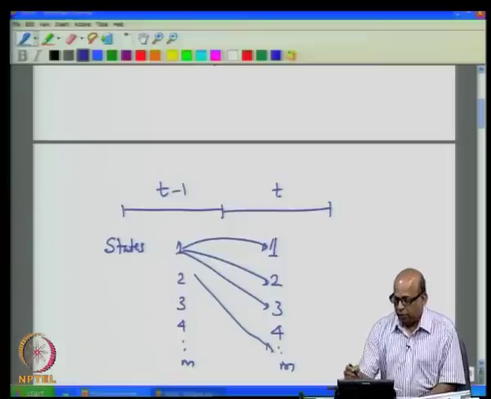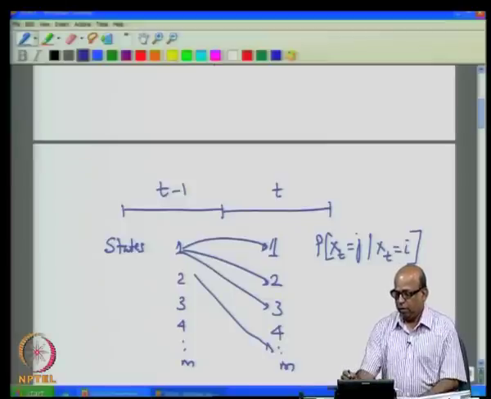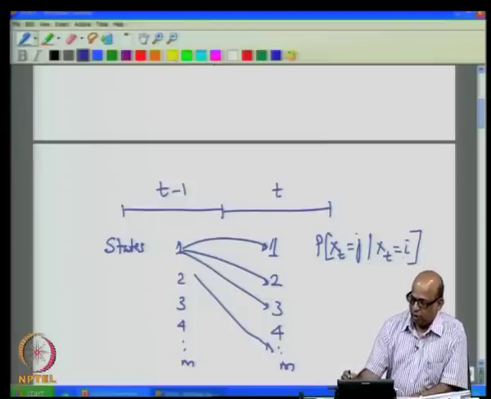The probability that, starting with a particular state, x t is equal to j given x t minus 1 is equal to i. Let us say I write like this, where I mean x t minus 1 is equal to i as the process is in state i in time period t minus 1.